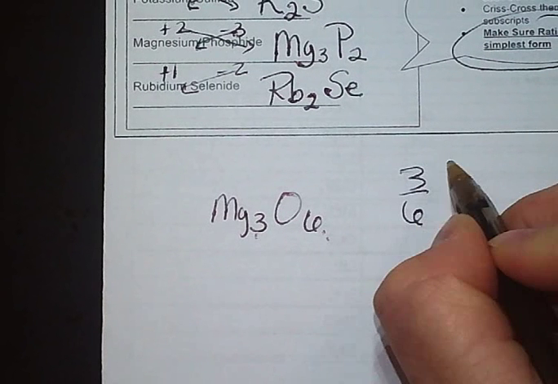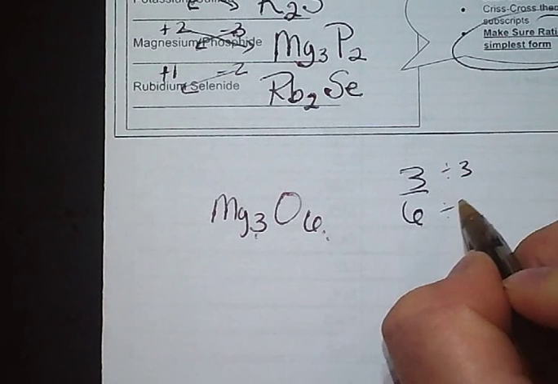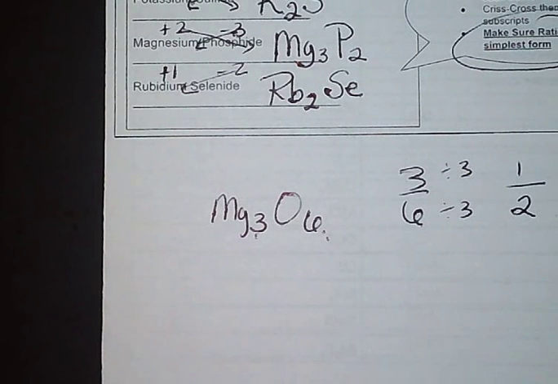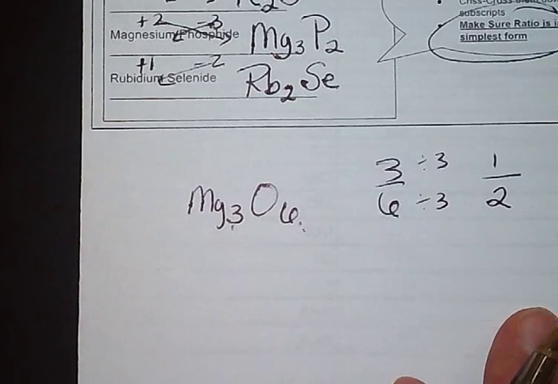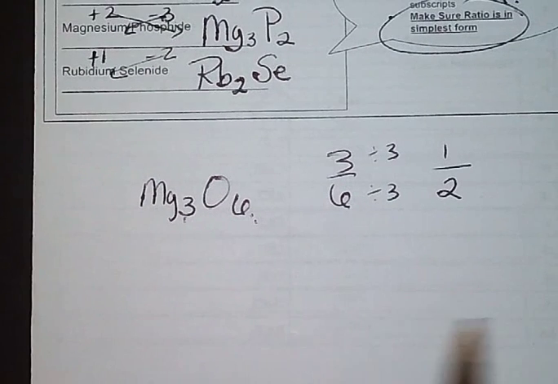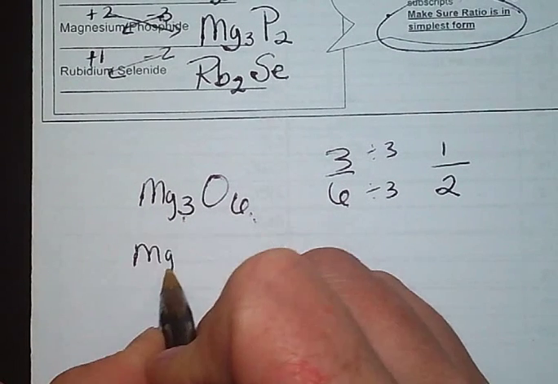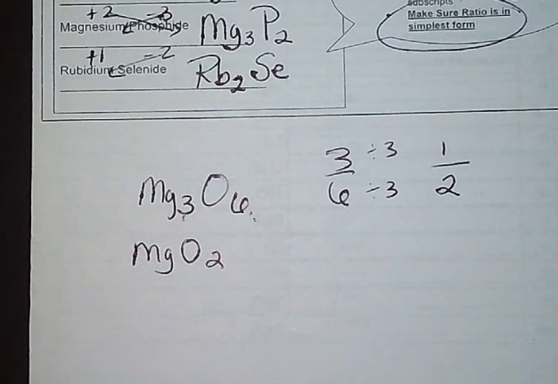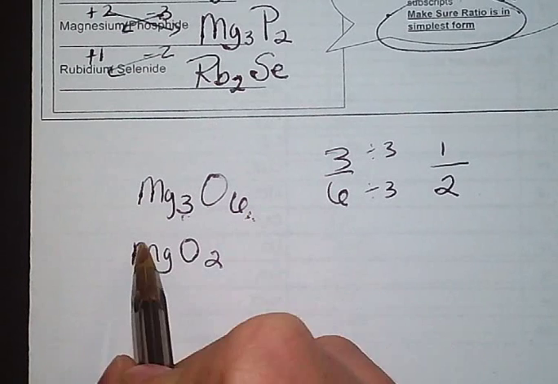If you divide those both by 3, you're going to end up with 1/2. So a ratio works exactly the same way. I divide those both by 3, and I get Mg1O2. So I would have a 1-to-2 ratio. So you take that ratio and you reduce it.